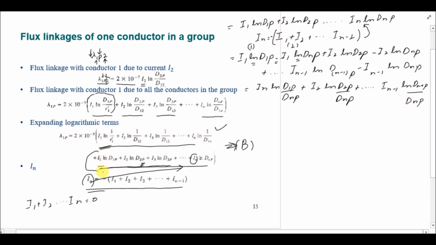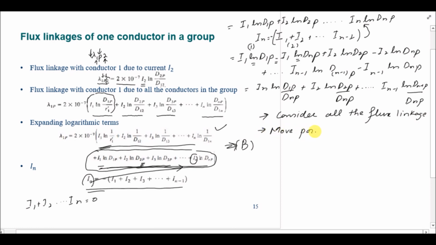What we are actually doing is trying to remove this part from the equation. If we have to consider all the flux linkages, then we have to move the point P to infinity, and to do so we have to move point P to infinity.